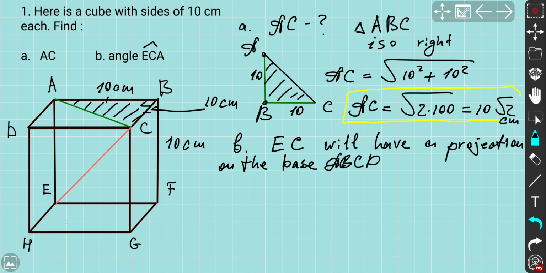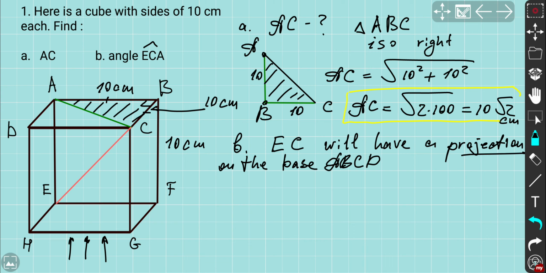If you have light that goes from the bottom part of the cuboid, like in this case, and it shines, so that's parallel beams of light, it shines onto EC, and EC is simply a stick. It will cast the shadow as AC. In this case, the shadow is called projection.